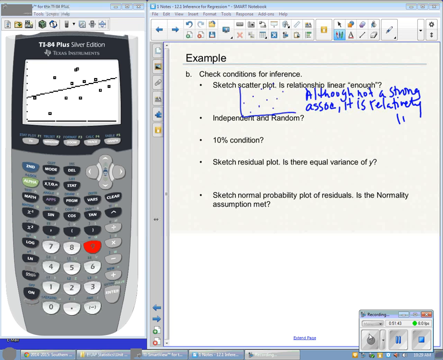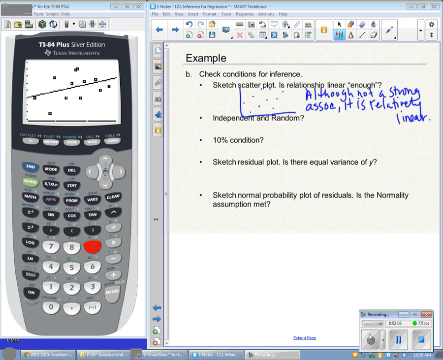Okay, so you do want to make sure, guys, that when you are giving a plot, that you're sketching it and that you're making a comment about it. So just drawing a picture of the scatter plot and moving on to the next condition is not going to be enough. You have to say something about it. So we can say, although it's not a strong association, it is relatively linear. So that meets that condition. What about the independence and the random?